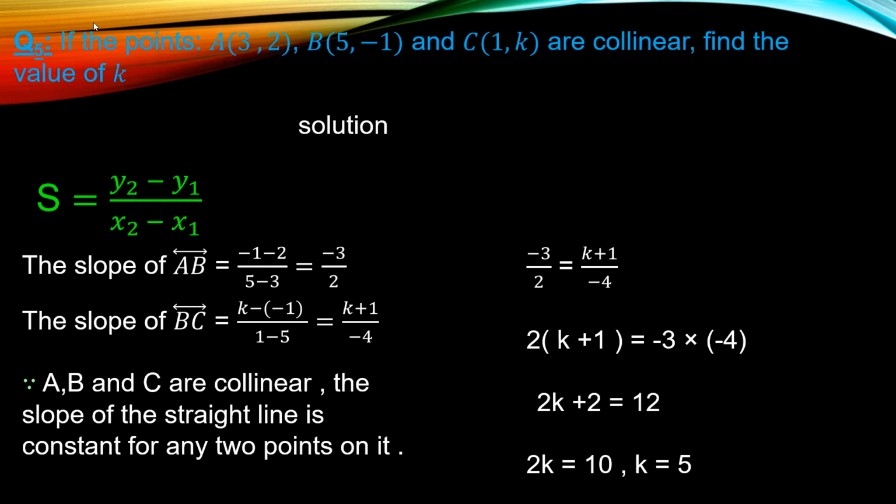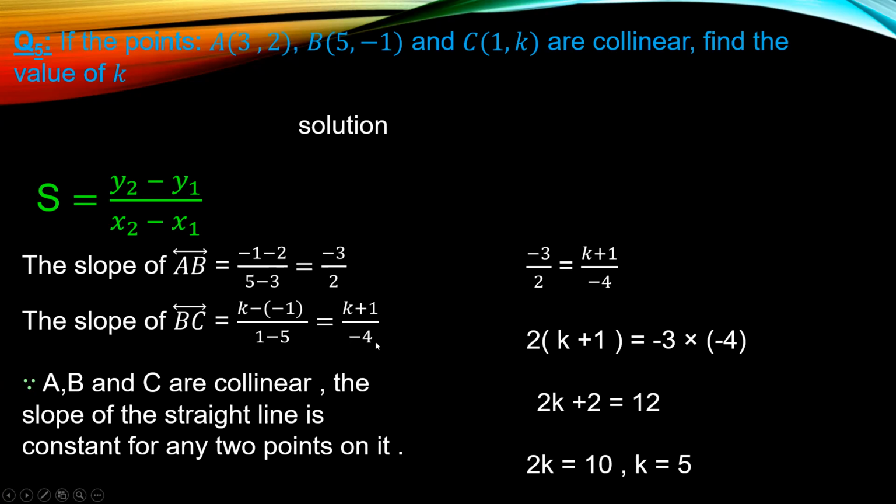Again, in this question, he tells me that the 3 points are collinear, and we know that if the 3 points are collinear, this means that the slope of AB equals the slope of BC. Here the slope of AB equals -1 minus 2 over 5 minus 3. -1 minus 2 equals -3, and 5 minus 3 equals 2.